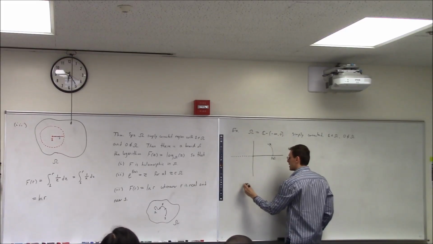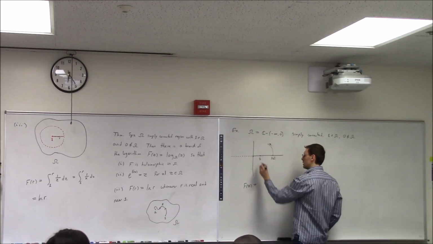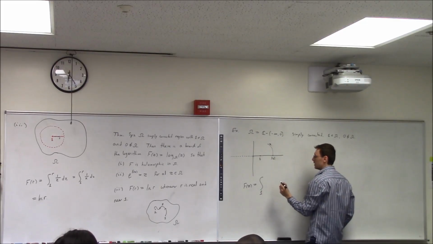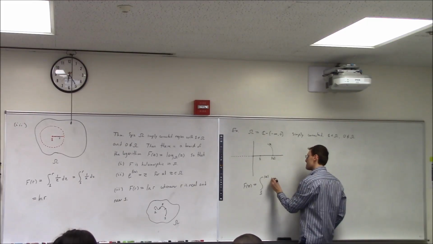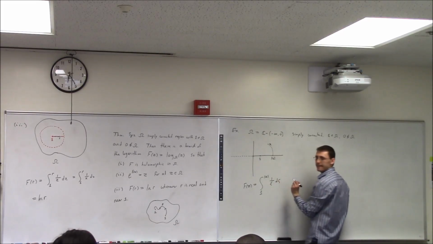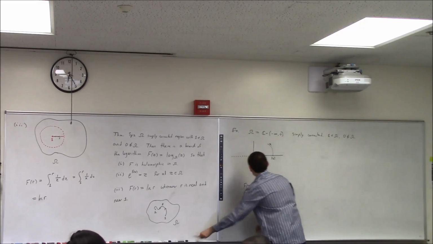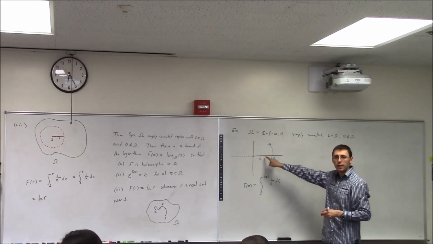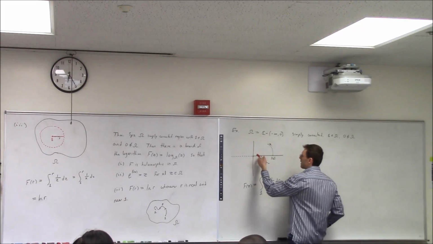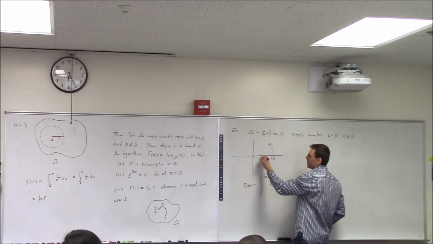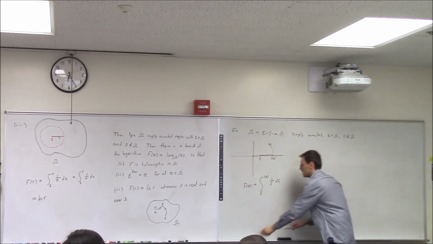So what I can define is that capital F of z is going to be equal to the integral from 1 to absolute value of z of 1 over xi d xi, where this is on the real axis, right? You see, I can change the path to be anywhere I want in this region. I can deform it partially to be on this axis, right? So any path starting at 1 and ending at z can be deformed into a path that consists of two segments. One segment is this, and the other segment is the arc.